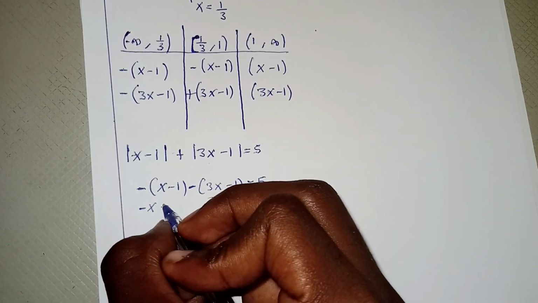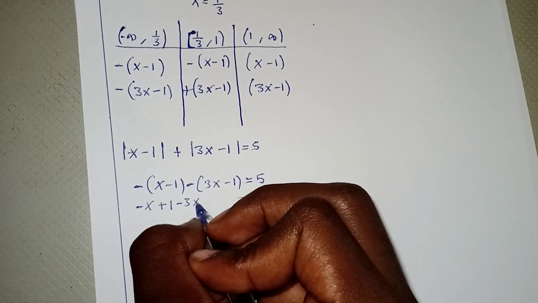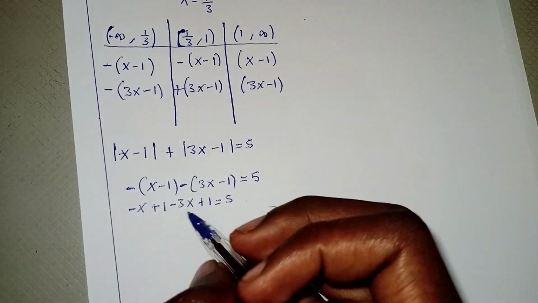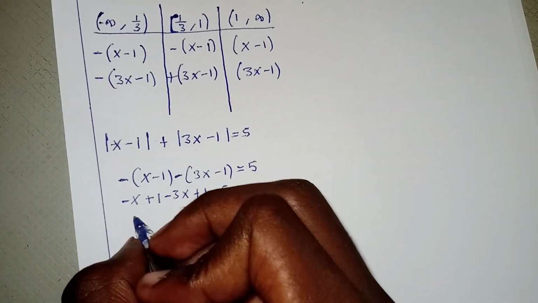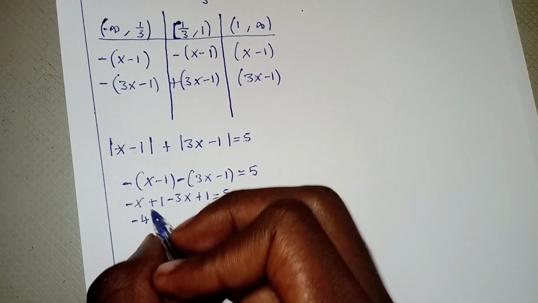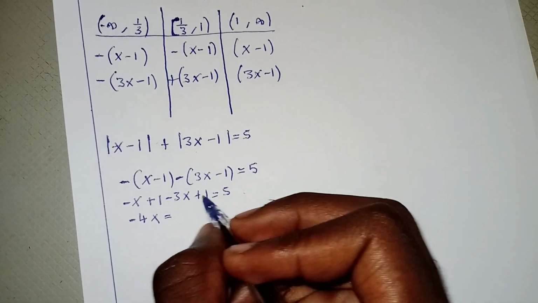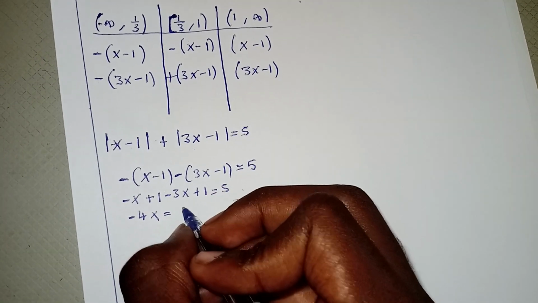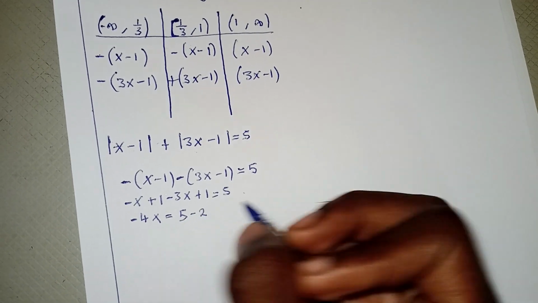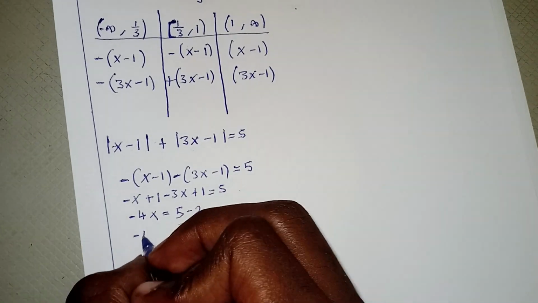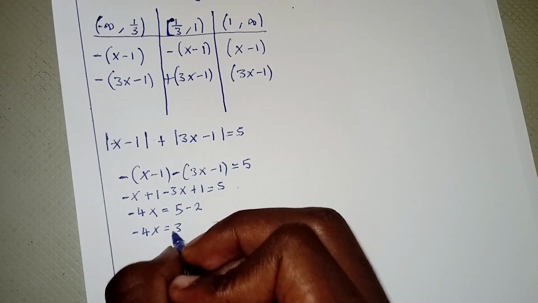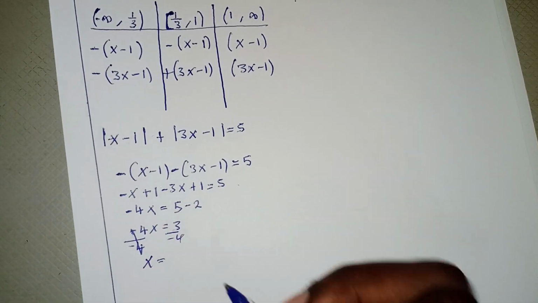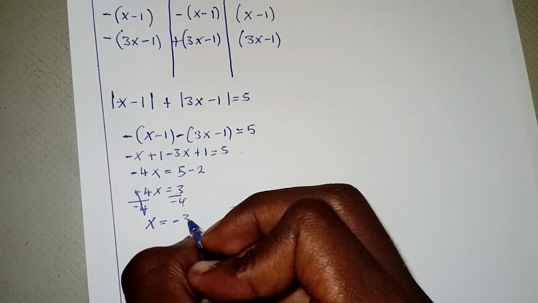Negative x plus 1 minus 3x plus 1 equals 5. Then from here, this minus this will be negative 4x, equal to 5 minus 2. Therefore, negative 4x will equal 3, and we have x equal to negative 3 over 4.